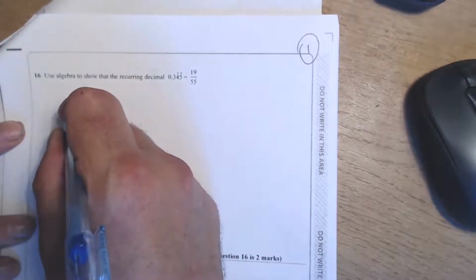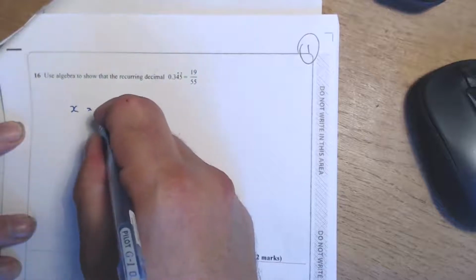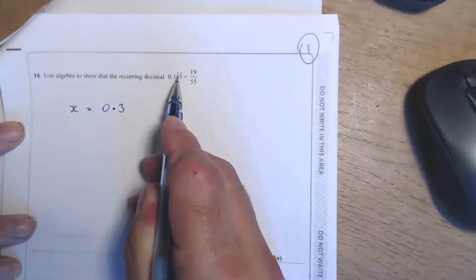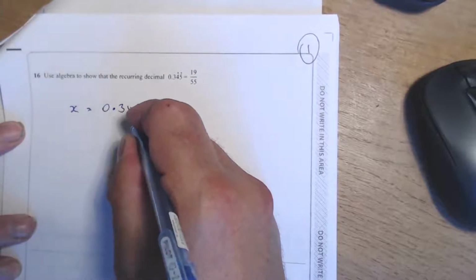Okay, use algebra to show that the recurring decimal 0.3454545 equals 19/55. So what you would do here, you start off by letting x equal your recurring decimal. So 0.3, and remember, it's 45 being repeated over and over again because it's got the dots on top of it.